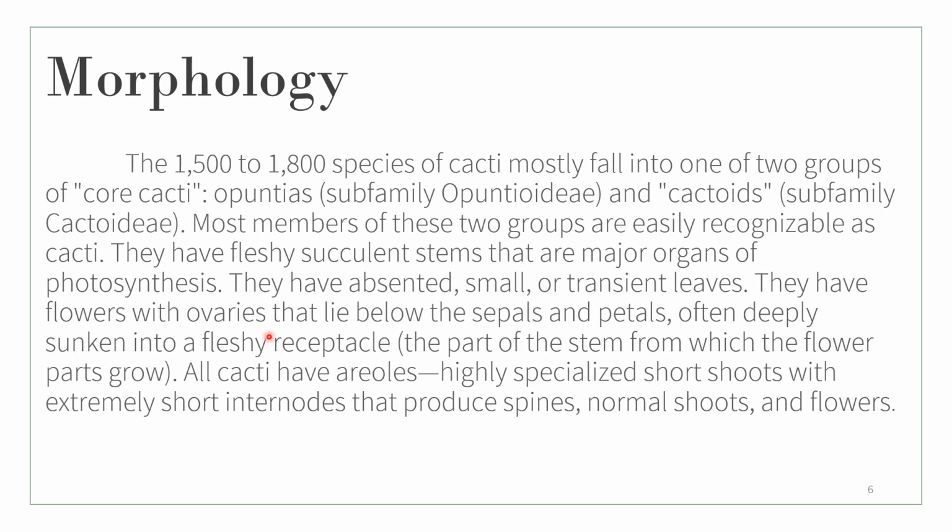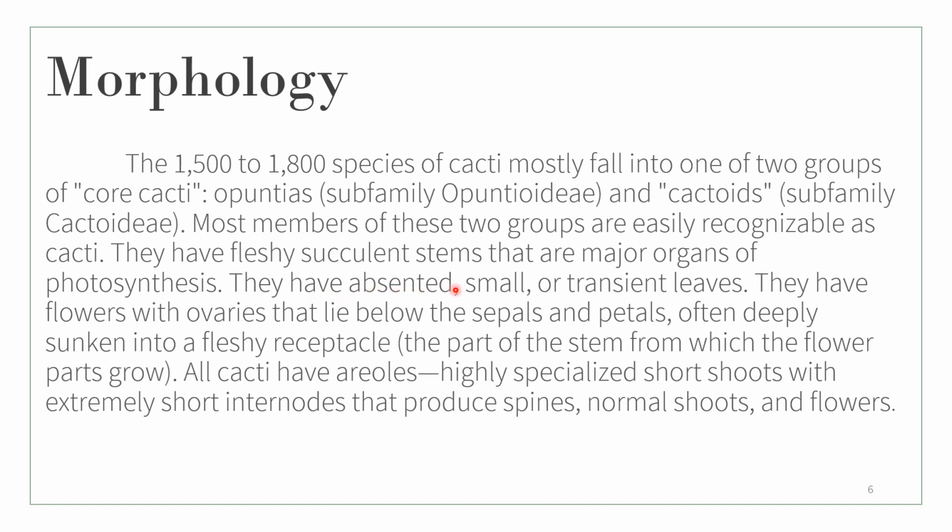Okay, let's go now to the morphology of this. So about 1,500 to 1,800 species of cacti mostly fall into one of the two groups of core cacti: Opuntias, or from subfamily Opuntioideae, and cactoids, subfamily Cactoideae. Most members of these two groups are easily recognizable as cacti. They have fleshy succulent stems that are major organs of photosynthesis.